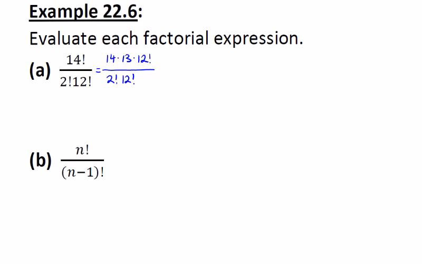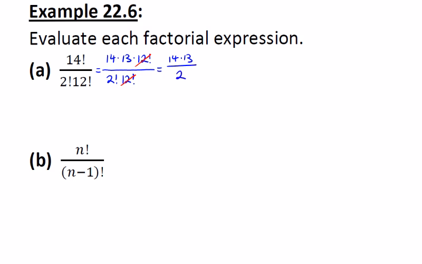Recognizing that I already have all of that same 12 times 11 times 10 times 9 times 8, and so on, in the top and the bottom, allows me to cancel all of those factors, which is really just going to leave me with 14 times 13 divided by 2.